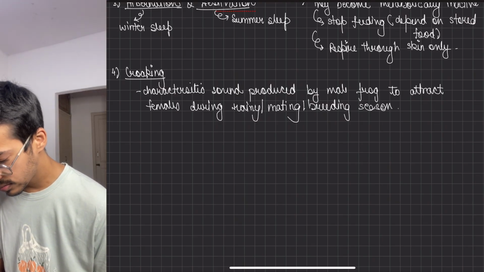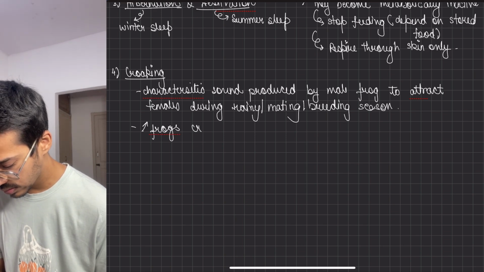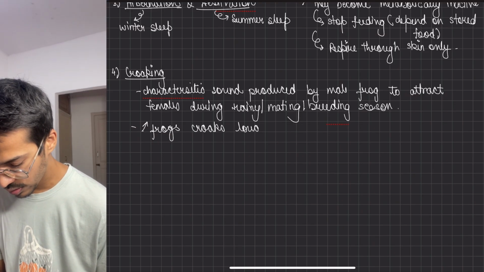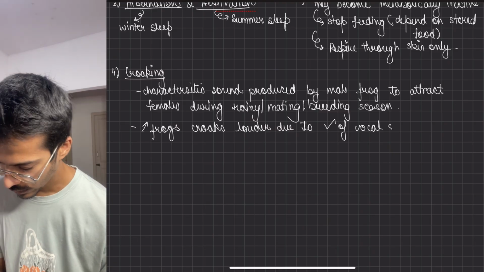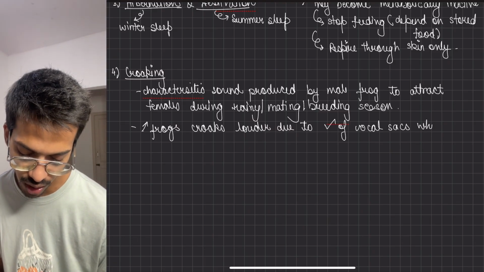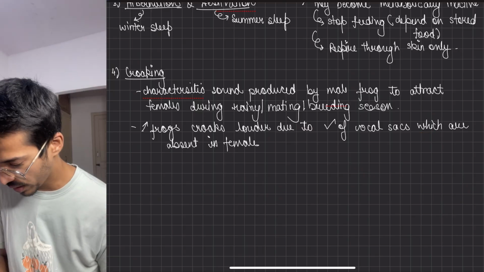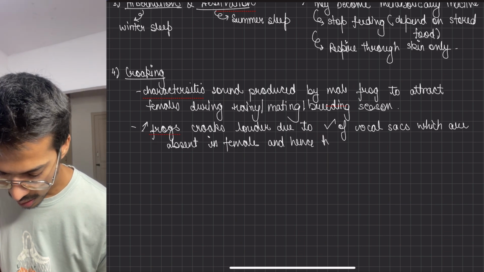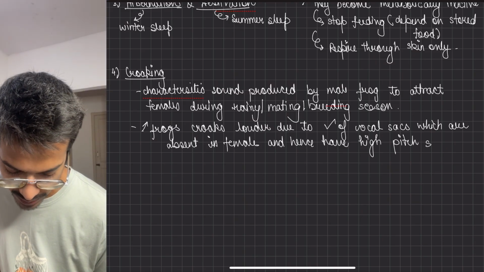So male frogs croak louder due to the presence of vocal sacs, which are absent in females, and that helps in producing a high pitch voice or sound.